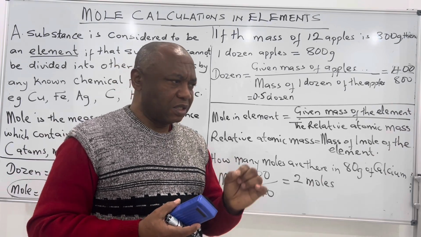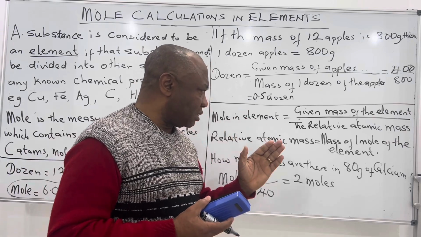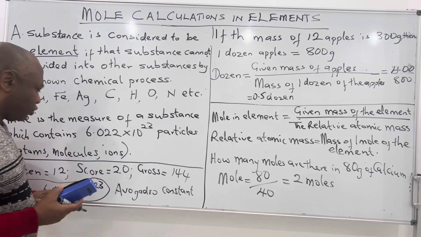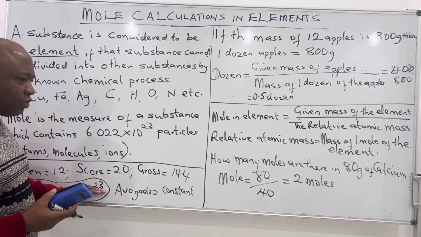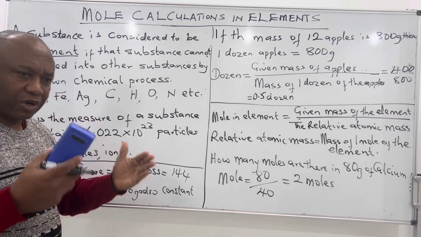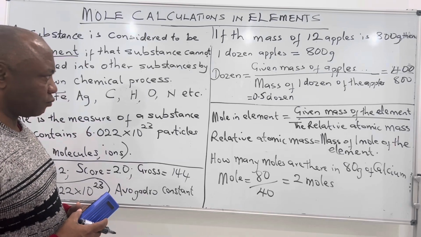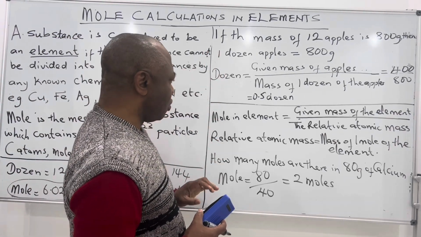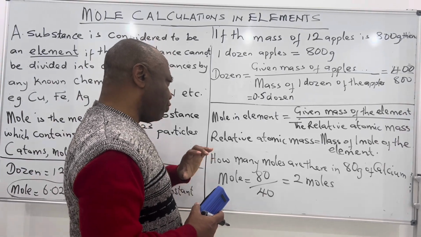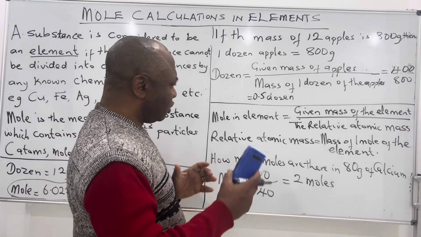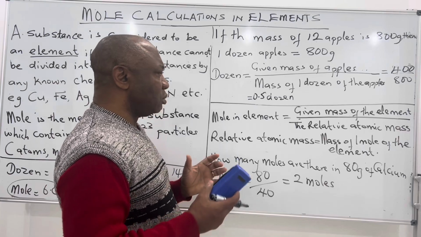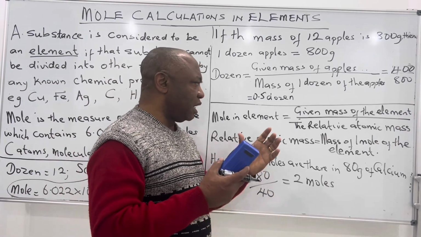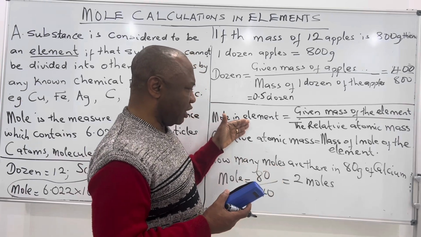Meaning that that particular mass contains 6.022 times 10 raised to power 23 atoms of that element. Now, just as we did for dozen, the formula to establish the relationship between mole and any given mass is given here.